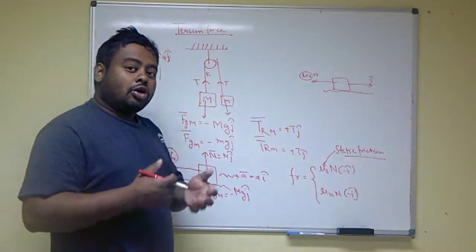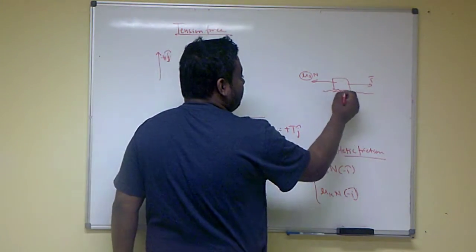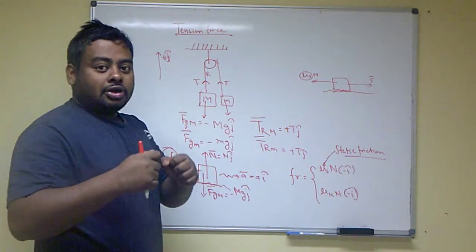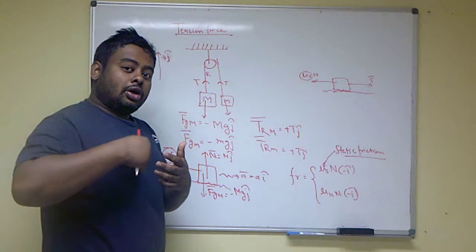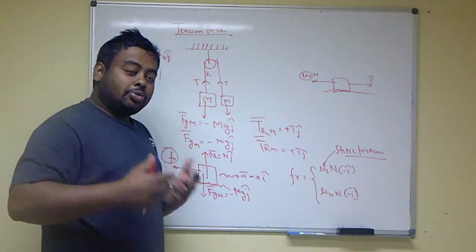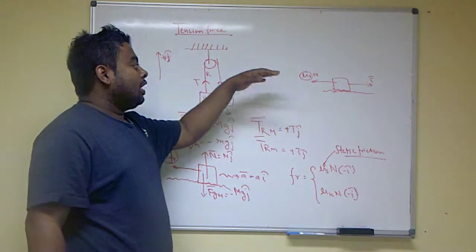When the body is not moving, and these mechanical interlocks are trying to make sure the body does not move from its initial position, that force is governed by static friction.